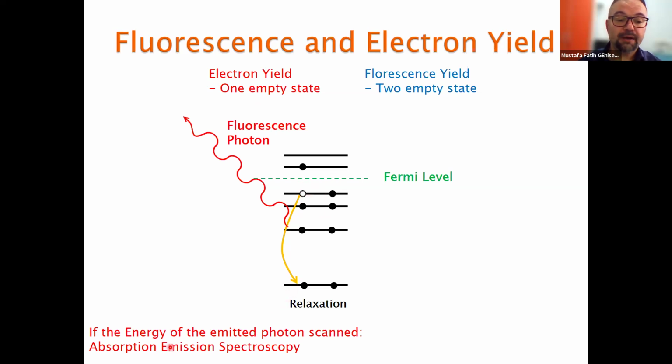If we scan the emitted photon energy, we call it absorption emission spectroscopy. Maybe you will say that in the beginning you said we have a silicon drift detector and we can look at the energy of the photons. But this silicon drift detector's energy resolution is low.